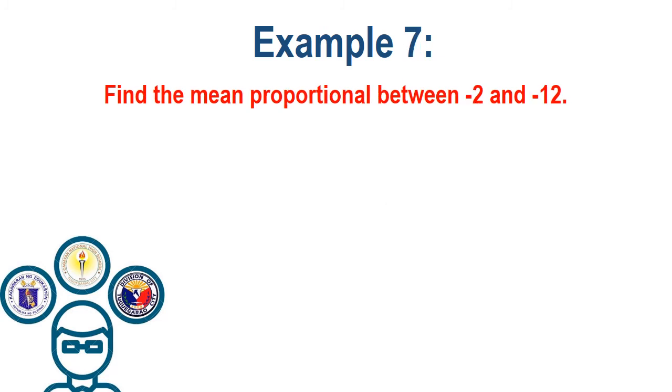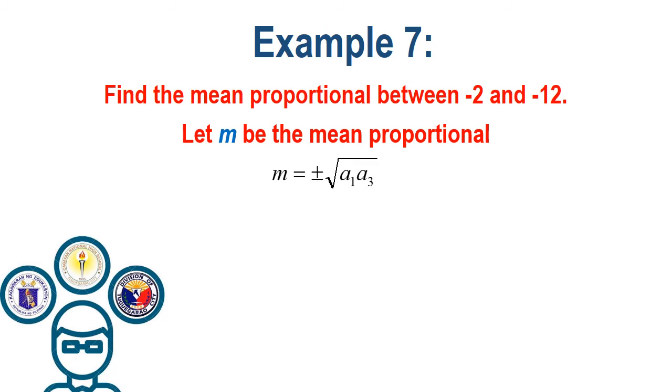Let's try to look at the seventh example. Find the mean proportional between negative 2 and negative 12. Again, we let m be the mean proportional. So we have m is equal to positive negative square root of a sub 1 times a sub 3, which in this case are negative 2 and negative 12 respectively.